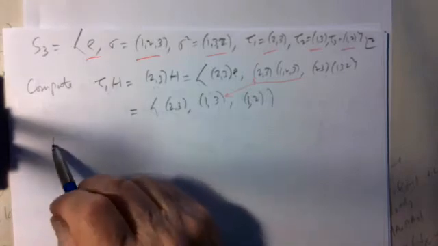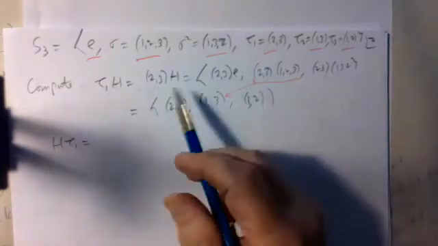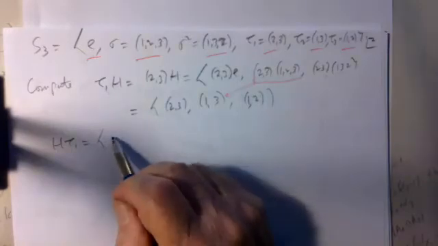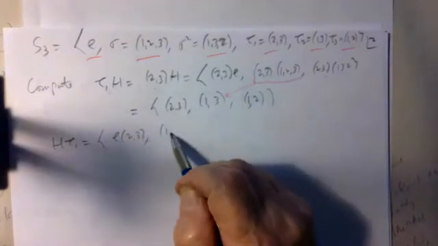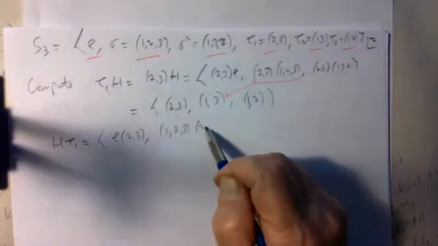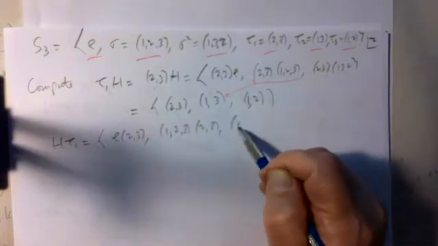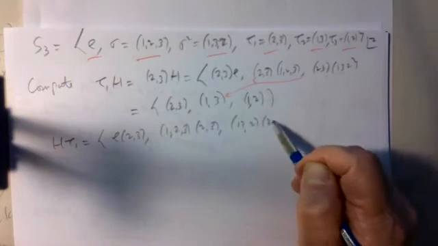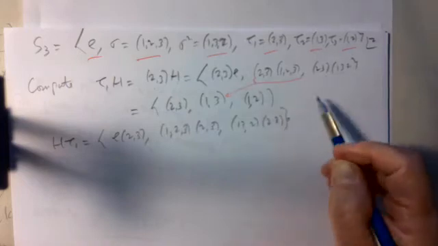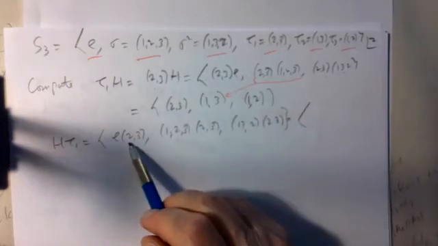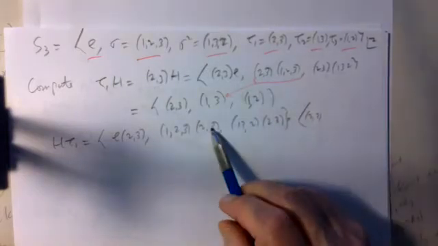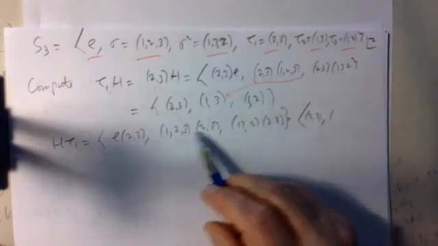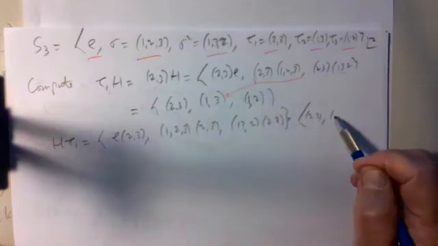And if you compute h tau 1, you do the calculation. This means E times 2, 3, 1, 2, 3 times 2, 3, 1, 3, 2 times 2, 3. So the identity times anything is 2, 3. This sends 1 to 2, 2 to 3 back to 1.